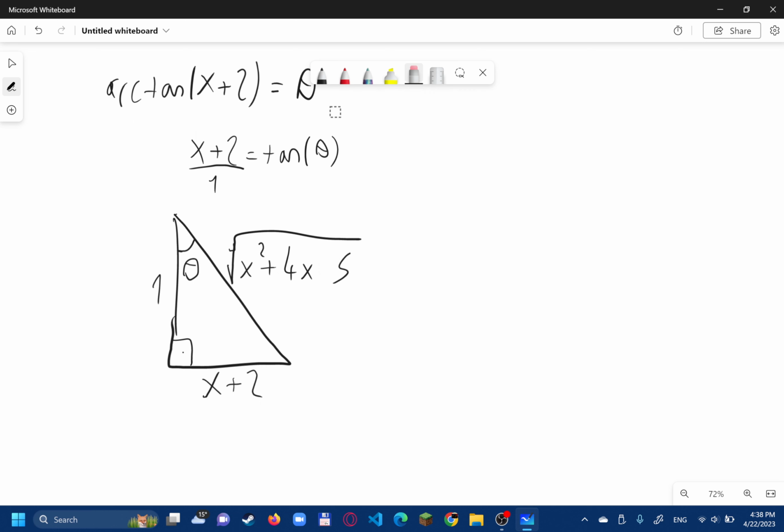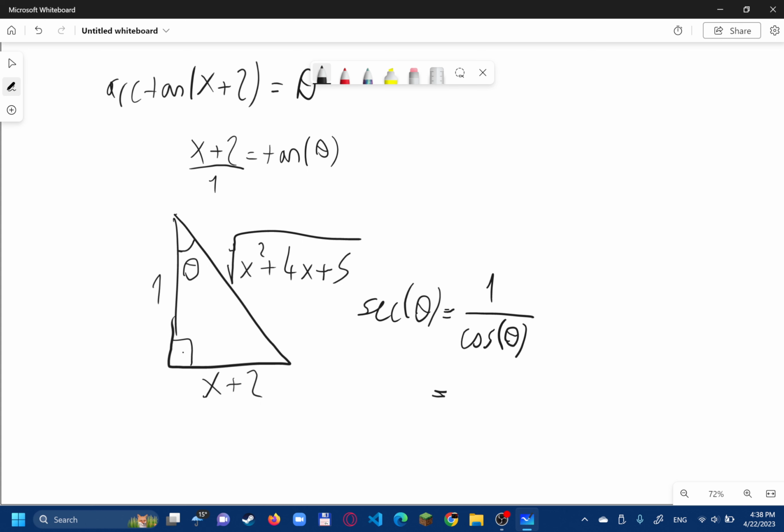So what we want is secant theta. And secant theta is equal to 1 over cosine of theta. And since cosine of theta, by definition, is adjacent over hypotenuse, if you take the reciprocal of that, you end up with the hypotenuse divided by the adjacent side.